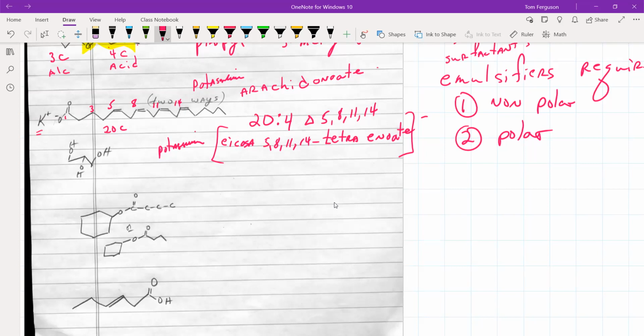Okay, so this is a 3-carbon triol, so it's going to be propa... Let me see.